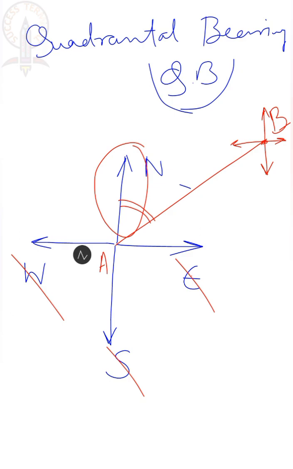But in case of quadrantal bearing, what will happen? We have to measure the angle with respect to either north or south with the help of east and west. What do you mean by north or south with the help of east and west? We are measuring the angle in this way.